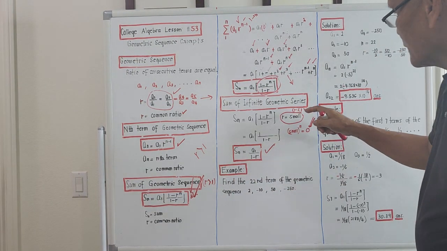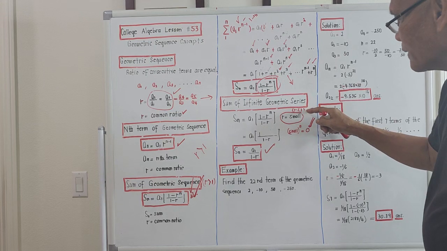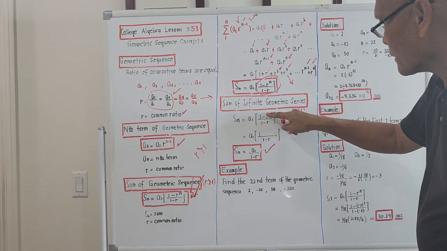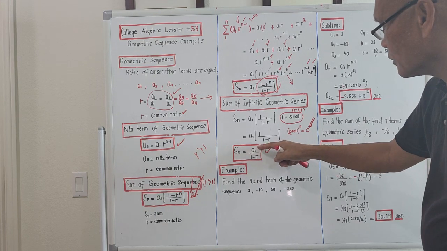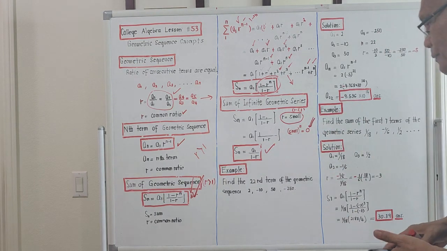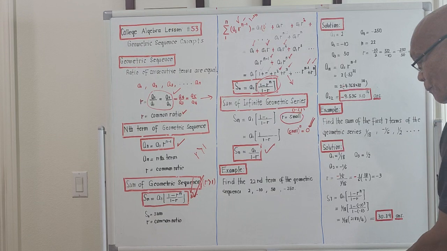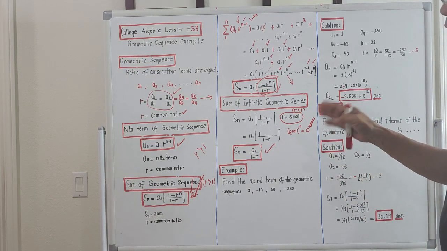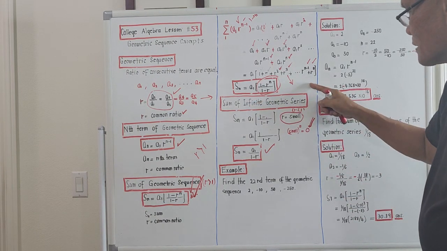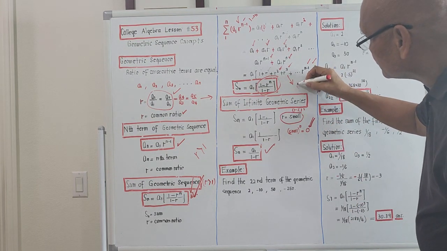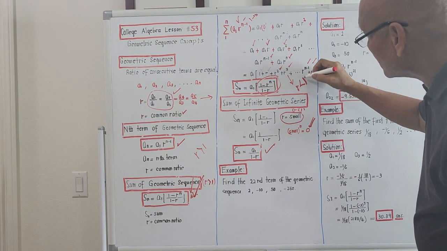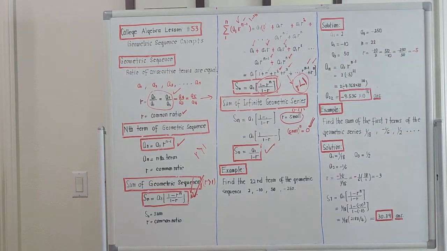But for r which has a value less than 1, this value here will disappear. It will just be simply a1 over 1 minus r. Okay, that's the derivation of the so-called summation of infinite geometric series. That is when the value of r is less than 1. Okay?